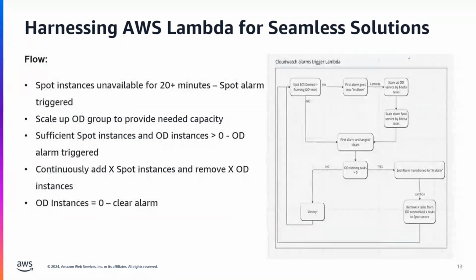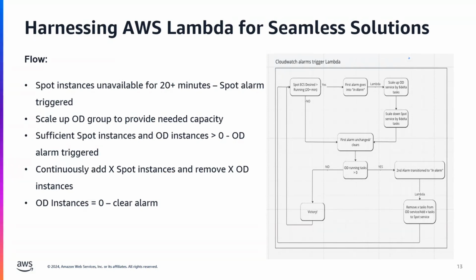Next slide, please. So the way we did it is in this little diagram. I don't know how much it can be seen from there, but the flow would be like, let's say we're running 100% on spot instances. And then we notice, for 20 plus minutes with a CloudWatch alarm, that the spot capacity provider is not able to satisfy ECS desired count.